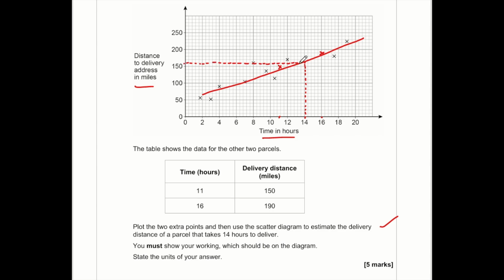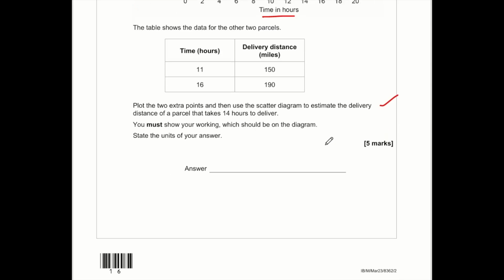And well, you could argue that it's slightly more than 160, but there's not only one answer for these types of questions. In the mark scheme, they will allow a range, but the way I've done it, I've got a distance of 160 kilometers.